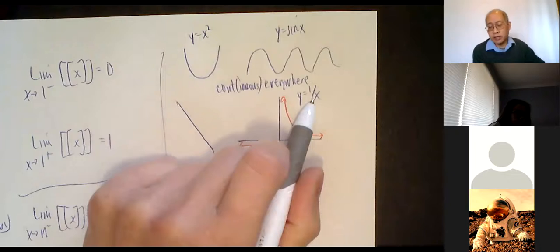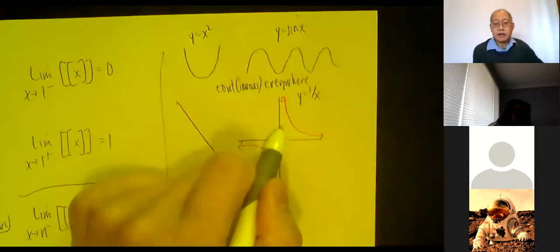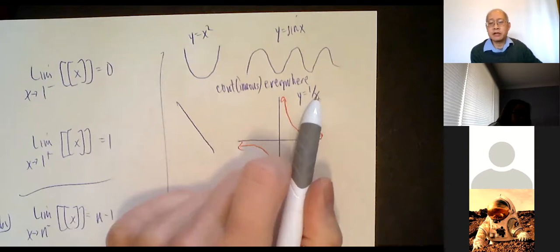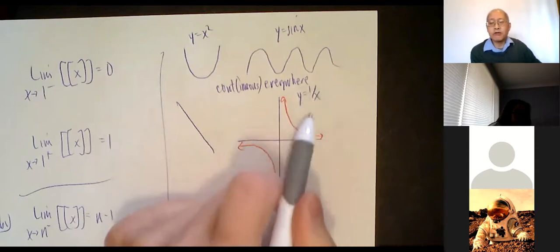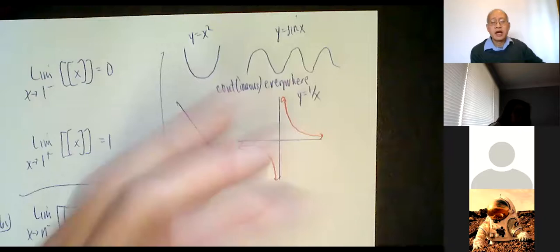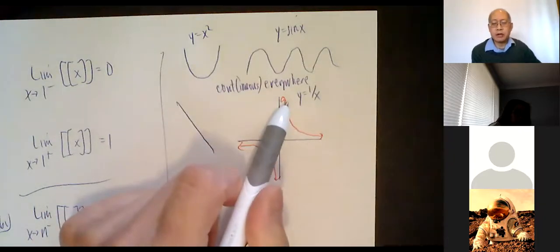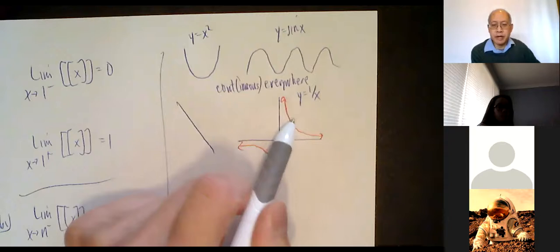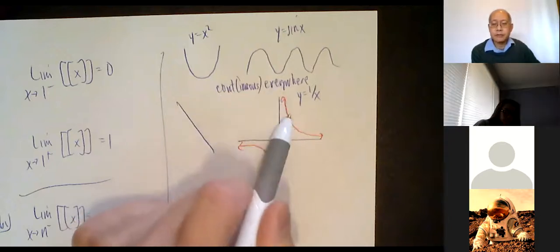What do you get when you plug in 1? 1, right? Then if I plug in a super big number, like 1,000,000, you have 1 over 1,000,000, that's like nothing. And I cannot plug in 0, but I can plug in a number close to 0. If I plug in 0.0000001, this gets real big, so it looks like that.